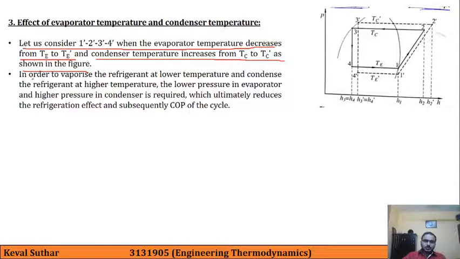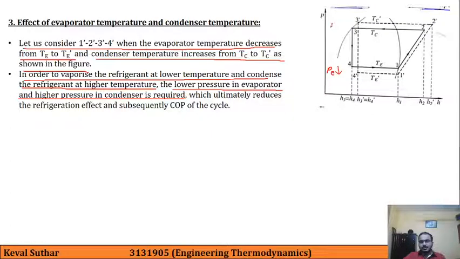So here, in order to vaporize the refrigerant at lower temperature and condense the refrigerant at higher temperature, we require lower pressure in evaporator. So to reduce this evaporator temperature, the pressure of evaporator should be reduced and higher pressure in condenser is required.